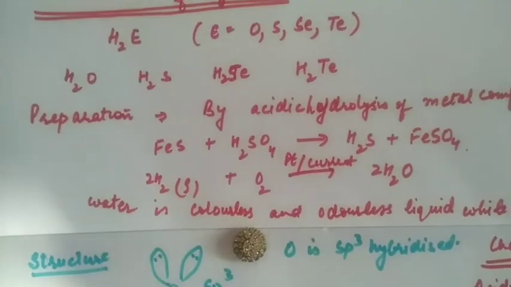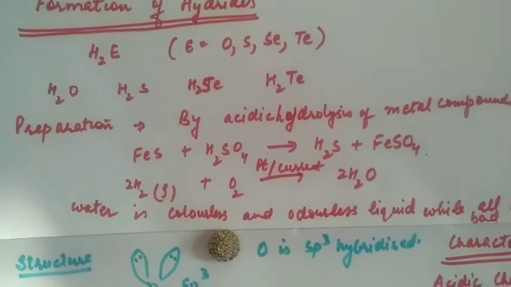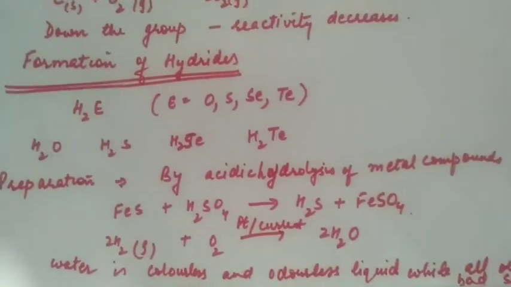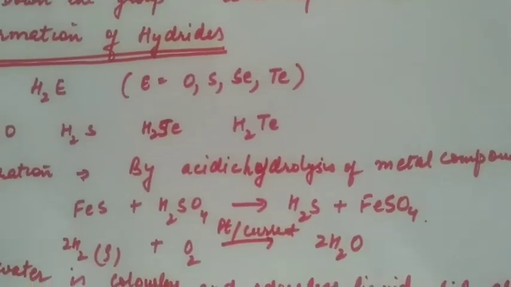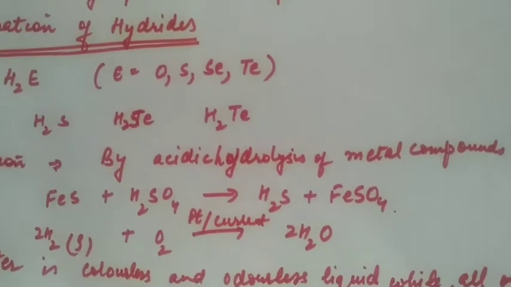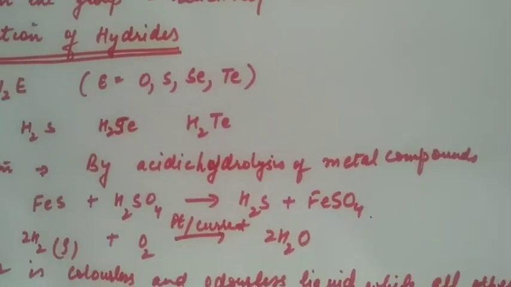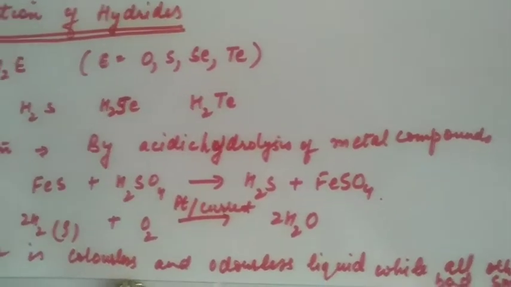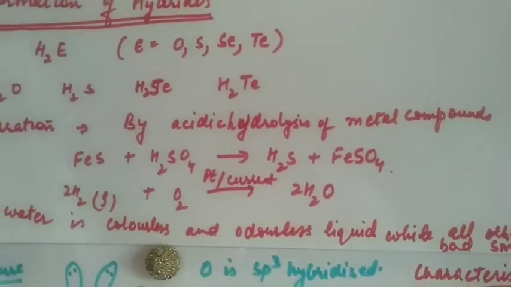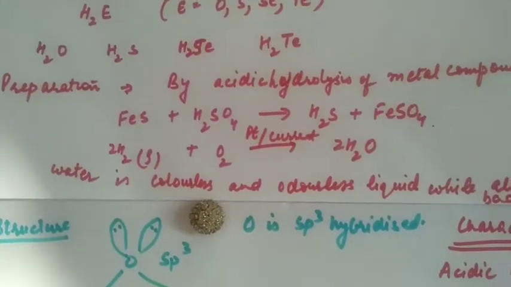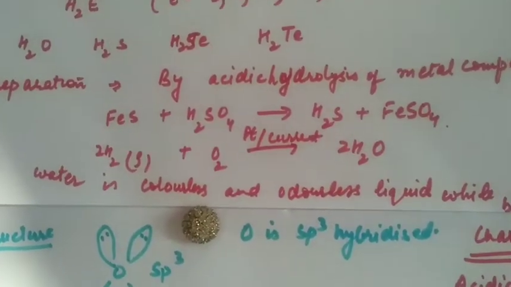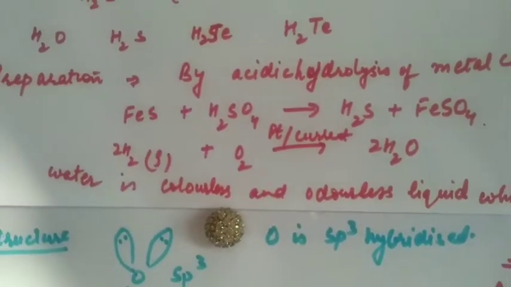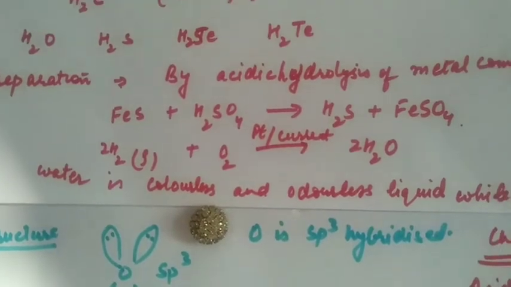Preparation by acidic hydrolysis of metal compounds. For example, when you hydrolyze sulfide of iron with sulfuric acid, H2S, sulfur hydride, is formed along with ferrous sulfate. Hydride of oxygen can be prepared by passing current through mixture of hydrogen and oxygen gases in presence of platinum as catalyst.